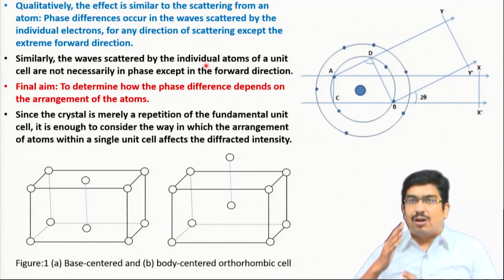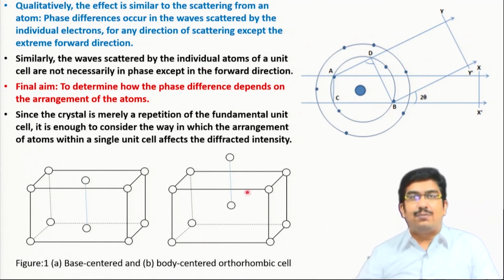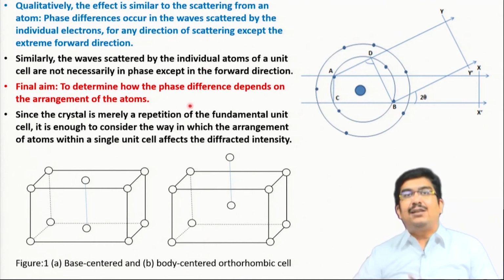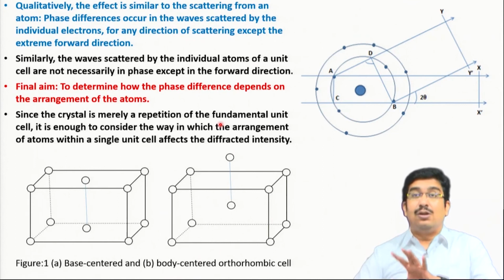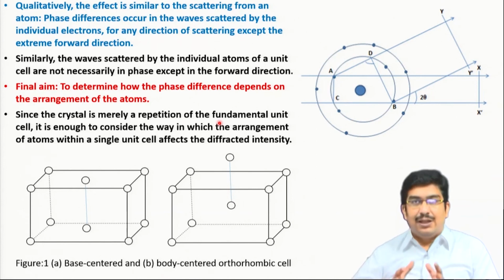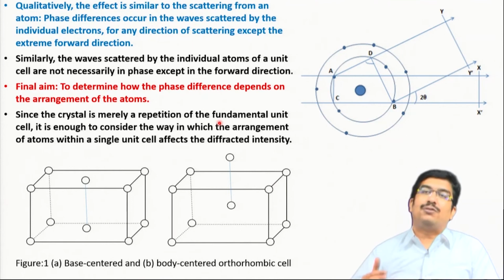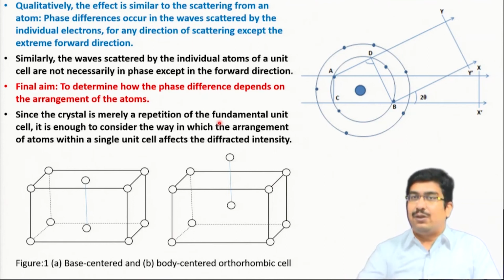In order to calculate the intensity of the diffracted beam in terms of the atomic position, we have to determine the phase difference, basically how this phase difference depends on the arrangement of the atoms. If we are able to do that, then we can find an expression showing how the final intensity of the diffracted beam varies with atomic position.